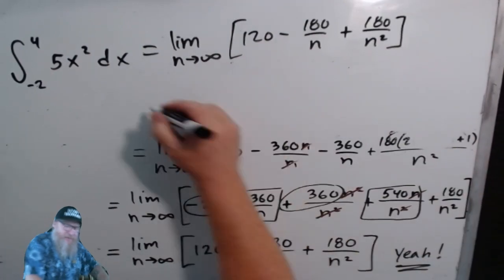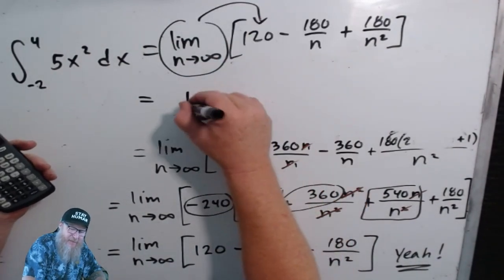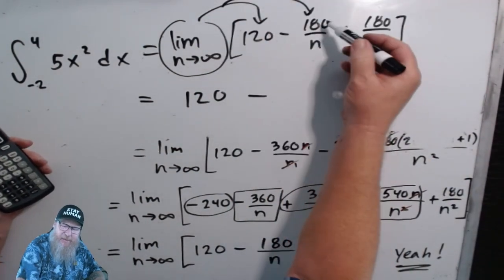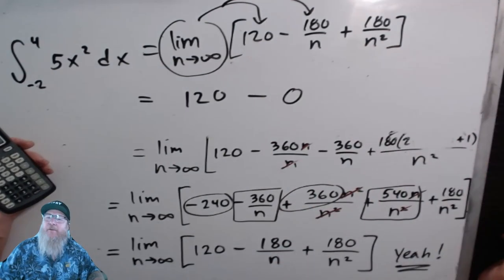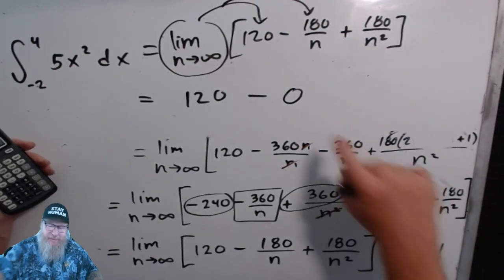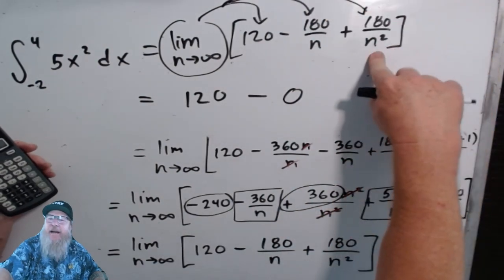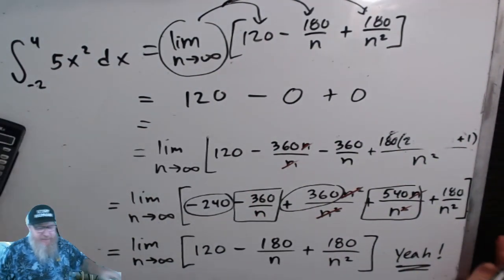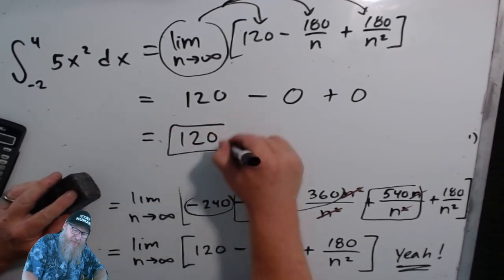And the answer, when you calculate the limit of a constant, it's just a constant. When you calculate the limit of 180 divided by infinity, that's going to be 0. Right? 180 divided by a billion is still 0. And if you divide 180 by a billion squared, you're still going to get 0. And we did all that work to get the final answer of 120.